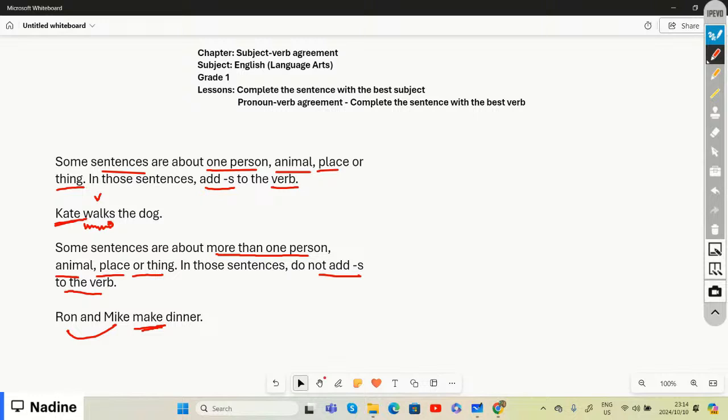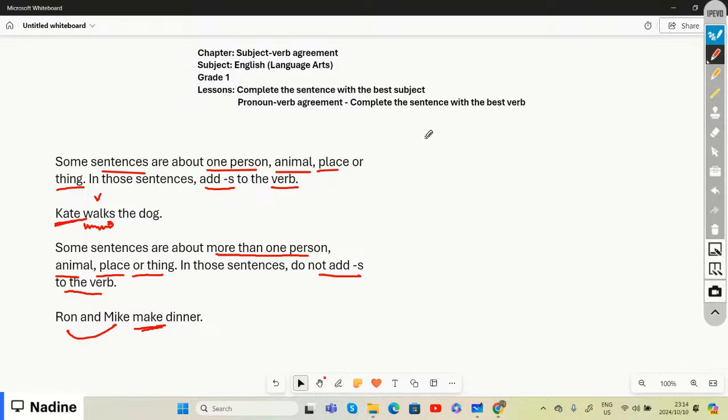I'm going to write down a sentence, and then we're going to say whether we need to add an s to the verb or not.